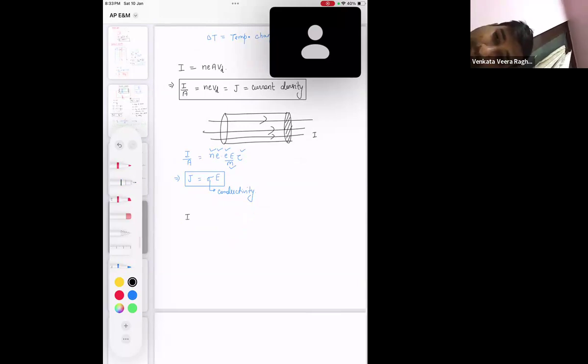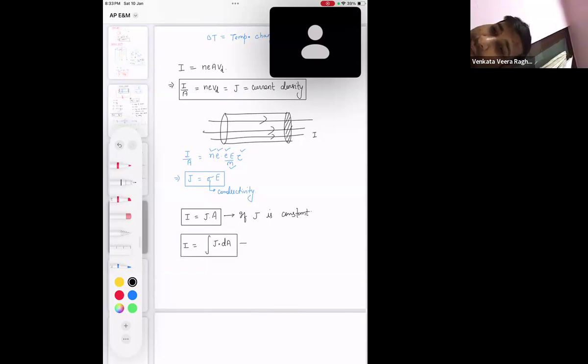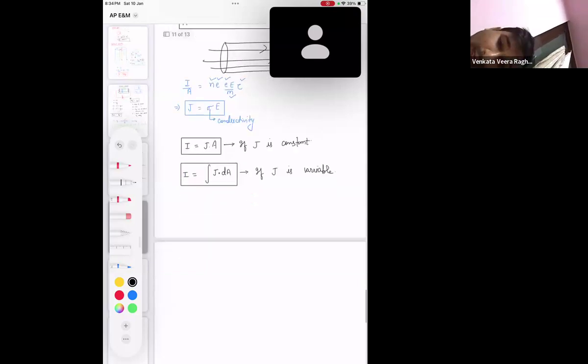The current will be equal to J into A. We use that if J is constant. And if J is variable, then I should integrate J dA, and then we get the current in the conductor. If J is variable, we use the integration of J dA.